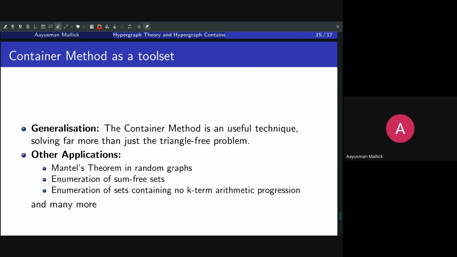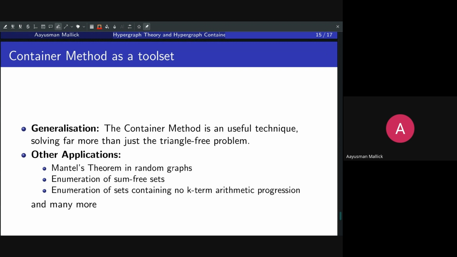Also, in recent years, the container method has been used for enumeration of sum-free sets or enumeration of sets containing no k-term arithmetic progression.